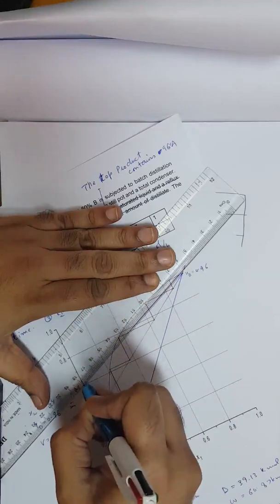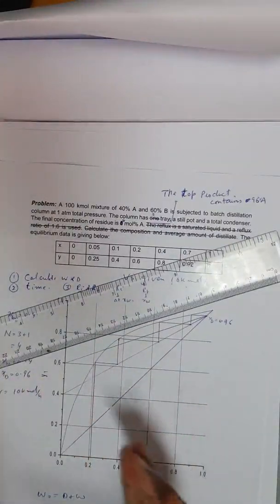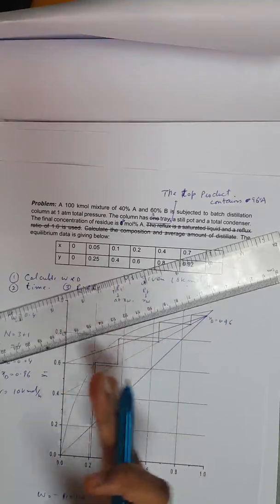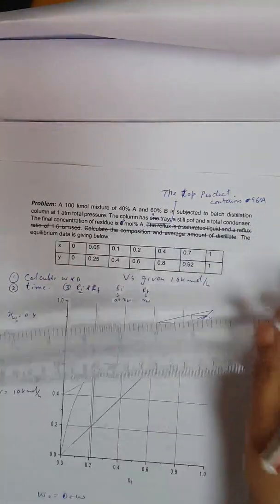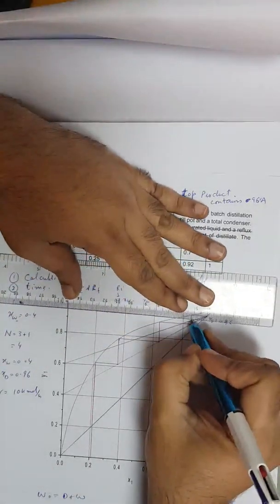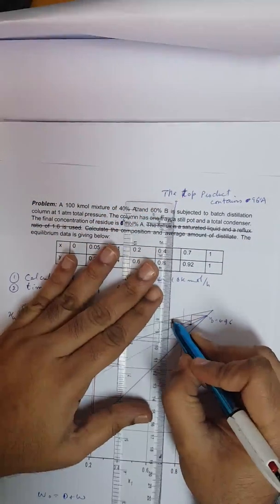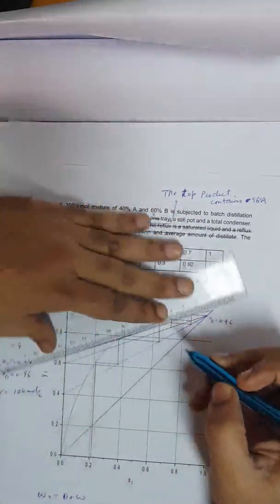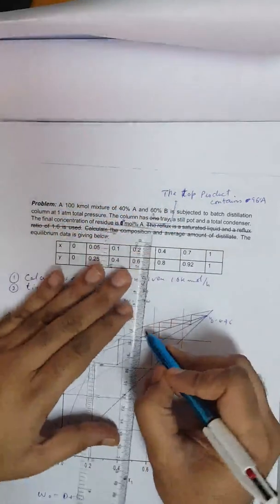Let's say I try, guys, 2 here. I need to go back. I need to get this 0.4. So I need to go back a little bit. So I move up, I will go back. So let's see. This is the first stage, second stage, third stage, fourth.